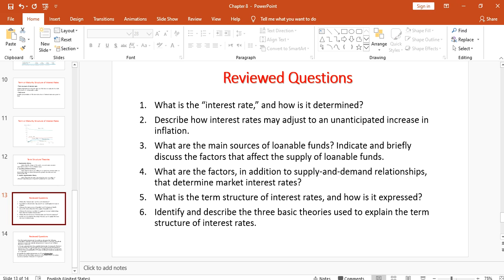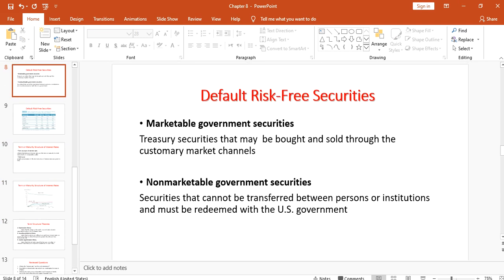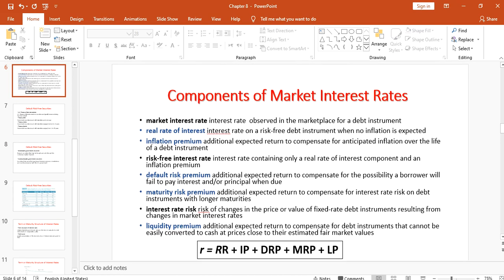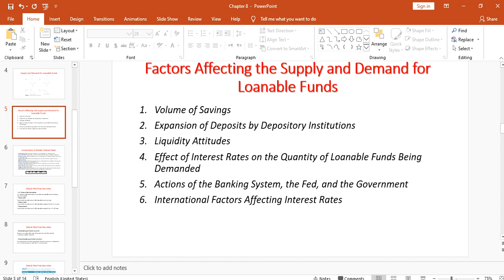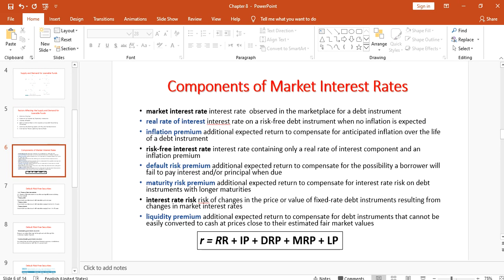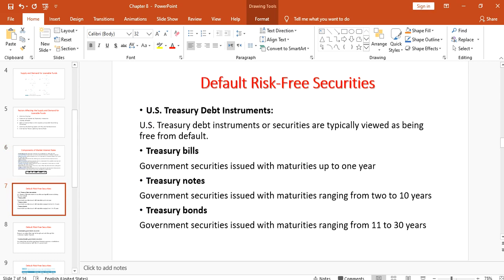What are the factors, in addition to the supply and demand relationship, that determine the market interest rate? You have the answer here as well. These are the factors, those in dark blue.